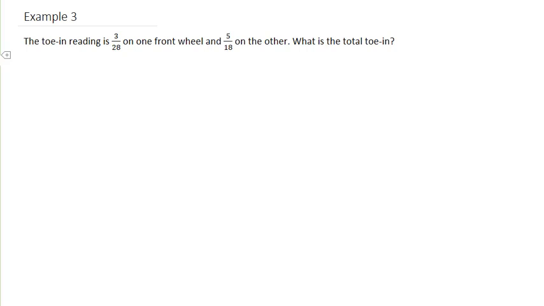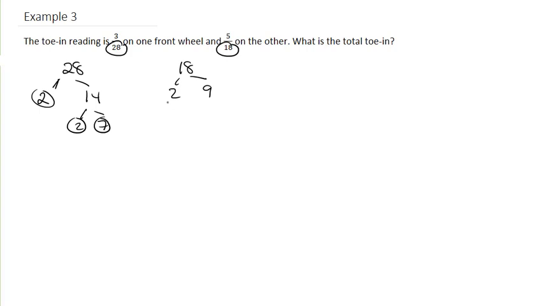We're going to add these two numbers together, and the way we do this is by doing the prime factorization of each of our denominators. 28 can become 2 and 14, and then 14 can become 2 and 7. Those are the prime factors of 28. Now 18 can be broken down into 2 and 9, and 9 can go into 3 and 3.